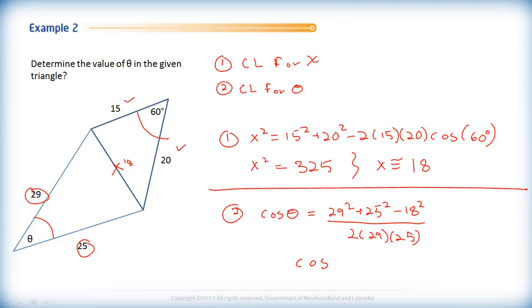Putting all that together gives me a grand total of 0.7876, sorry. So then theta is the inverse cosine of that. And we've got an angle of 38 degrees. So it looks like theta is about 38 degrees.